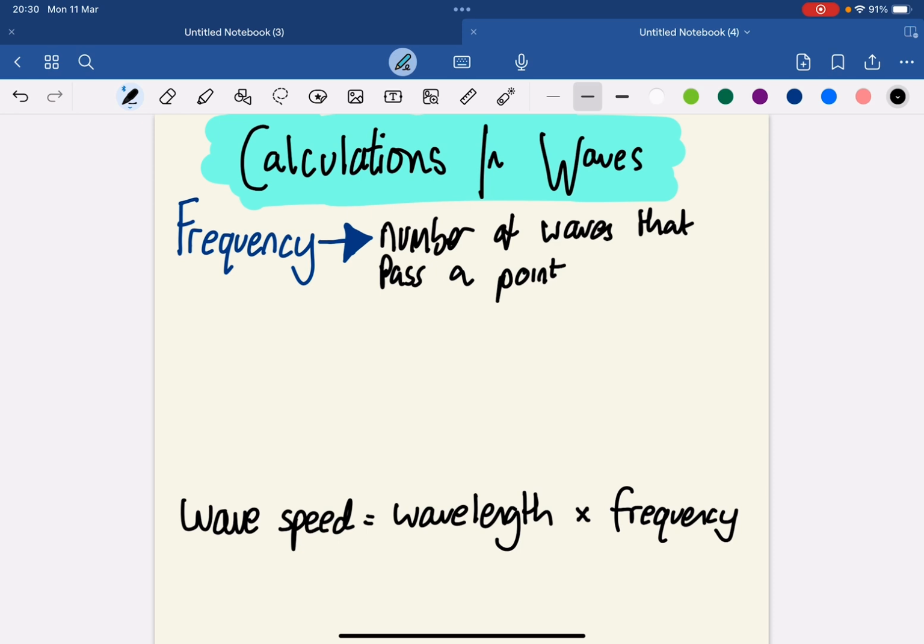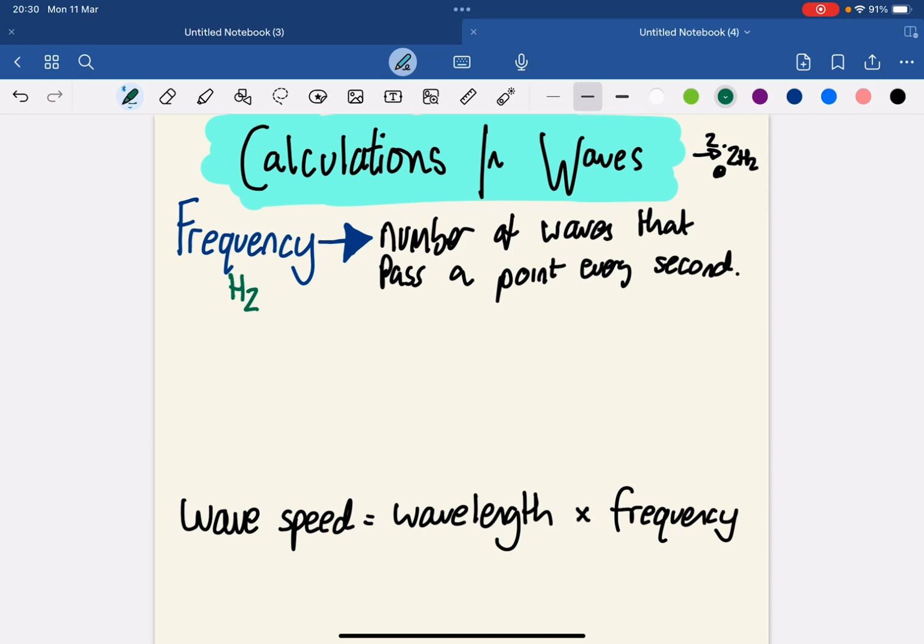People often leave it there, or make up a number after this, but it's pass a point every second. So if we had this little dot here and 2 waves passed, that would be 2 hertz, because the unit of frequency is hertz, represented with a capital H and a lowercase z.